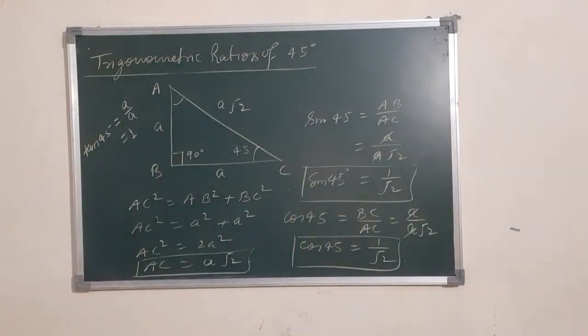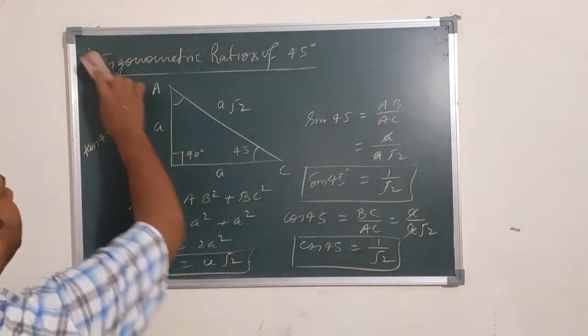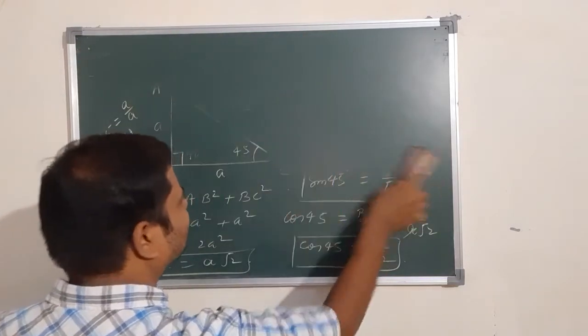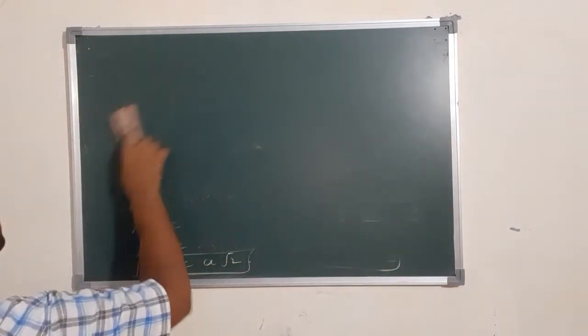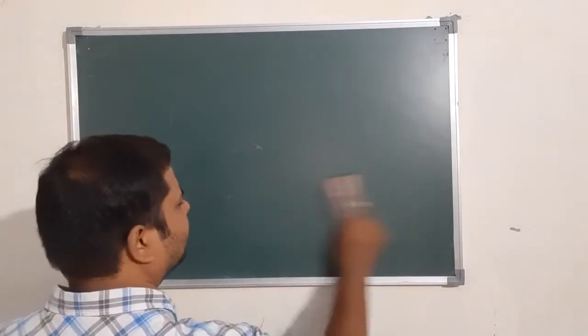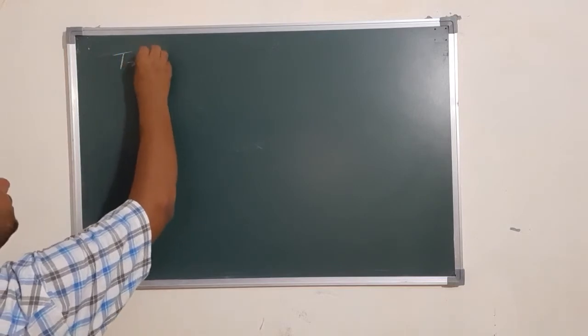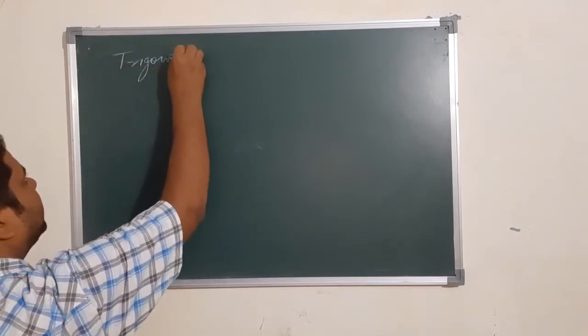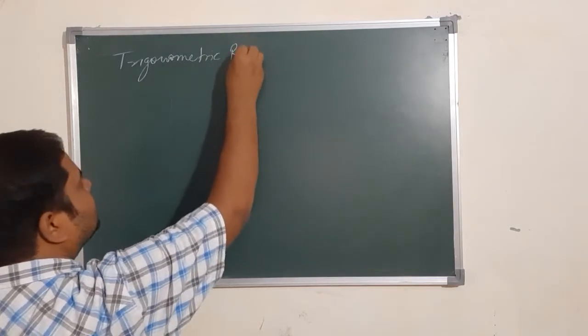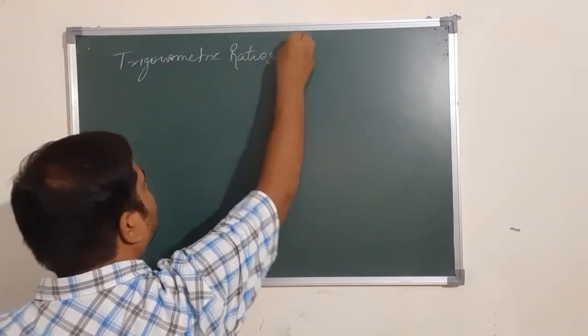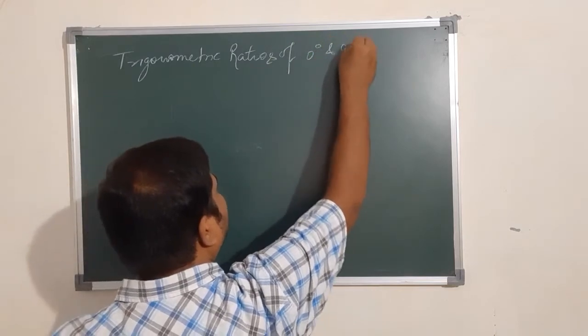So next we find trigonometric ratios of 0 degree and 90 degree.